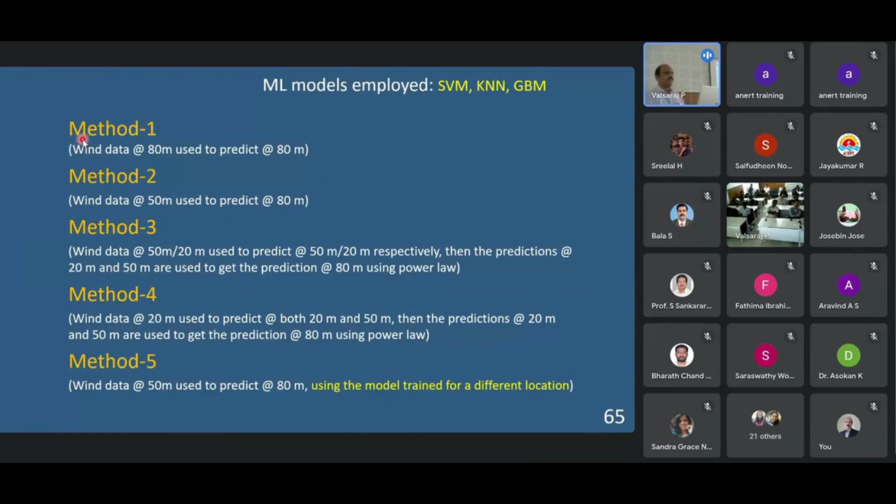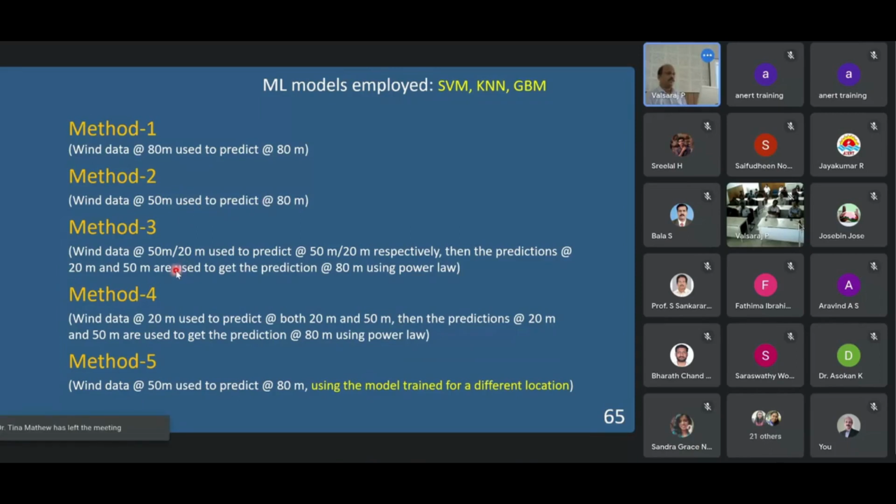Method 1 is the conventional method. I have data at 20 meter, 50 meter and 80 meter. You take wind data at the 80 meter height and forecast wind data at the 80 meter level. The second method, the simplified one, is you take wind data at 50 meter and predict at 80 meter.